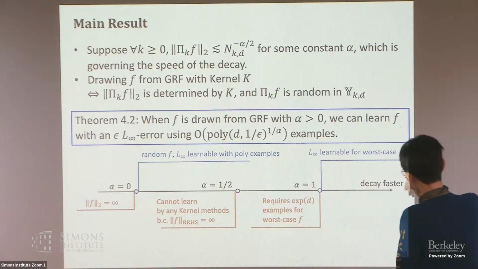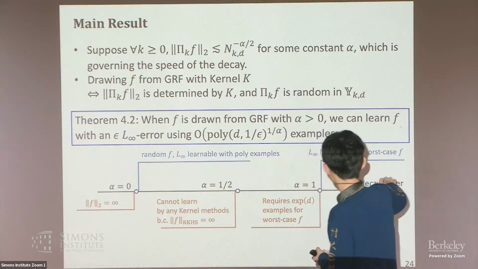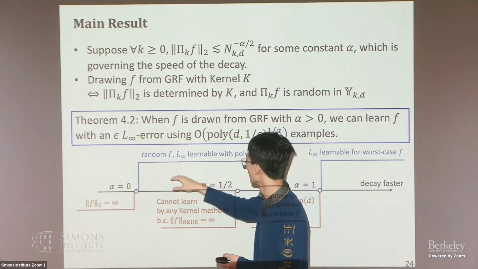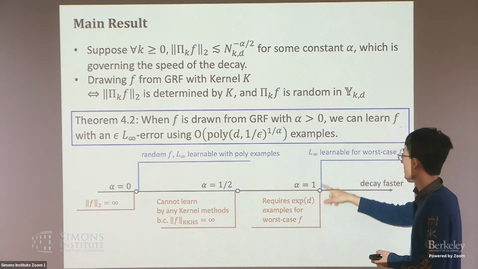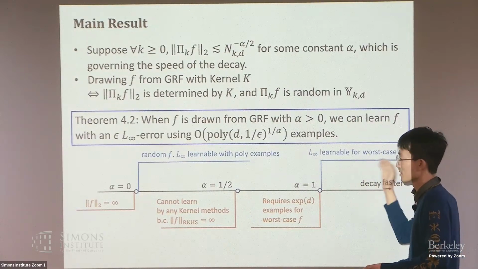This is probably the answer to the question. Above this line is the upper bound, the possibility results. When alpha is bigger than 0, if you assume a random f, then you can learn in polynomial time. If alpha is bigger than 1, you don't have to assume anything. Even with no randomness, you can prove it.